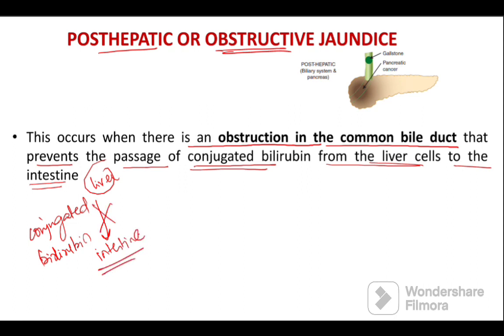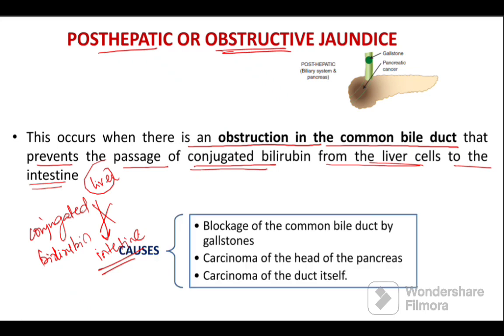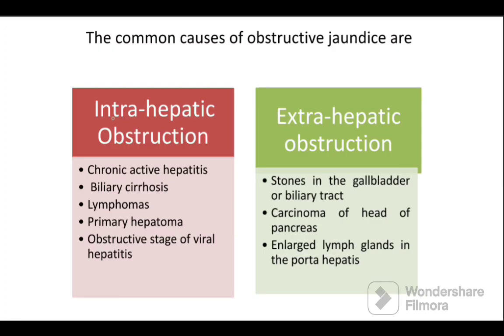Now this blockage occurs due to many causes. Some causes are blockage of the common bile duct by gallstones, carcinoma of the head of the pancreas, and carcinoma of the duct itself. These causes can again be divided into two types: intrahepatic obstruction or extrahepatic obstruction.